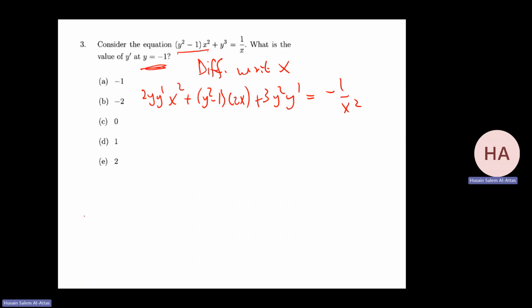Notice, I don't need only y, I need x also. So if y equals minus 1, let me call this 1, so substitute in 1 to get the value of x. Substitute minus 1. I have minus 1 squared, 1 minus 1. That will be 0.